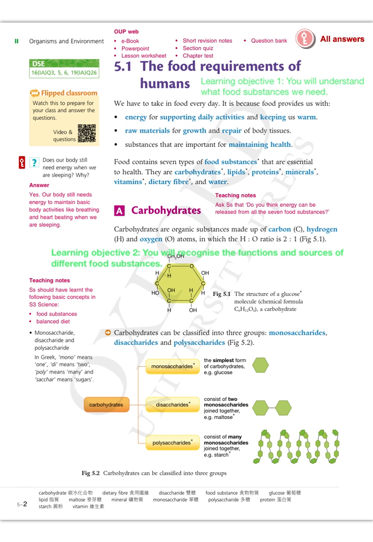Learning objective 2. You will recognize the functions and sources of different food substances. In this section, you will focus on carbohydrates, lipids, and protein. Carbohydrates. Do you know that the word carbohydrate actually comes from the chemical composition of these molecules?